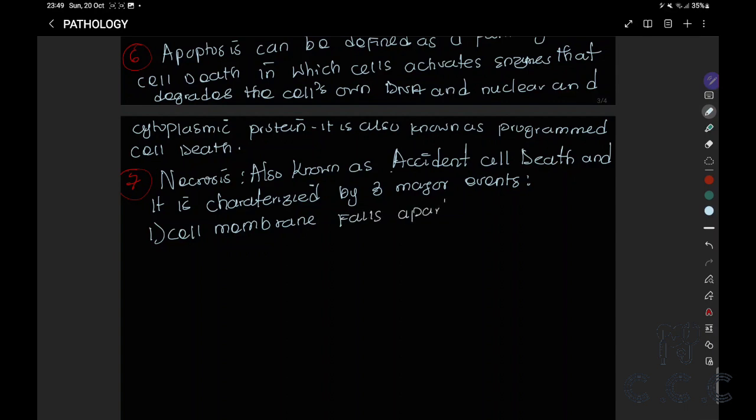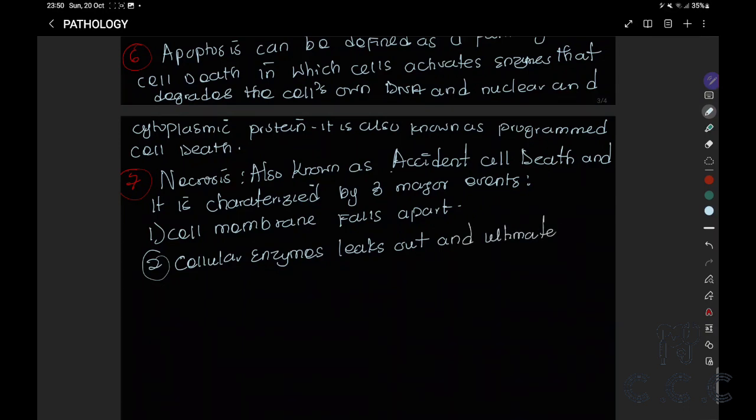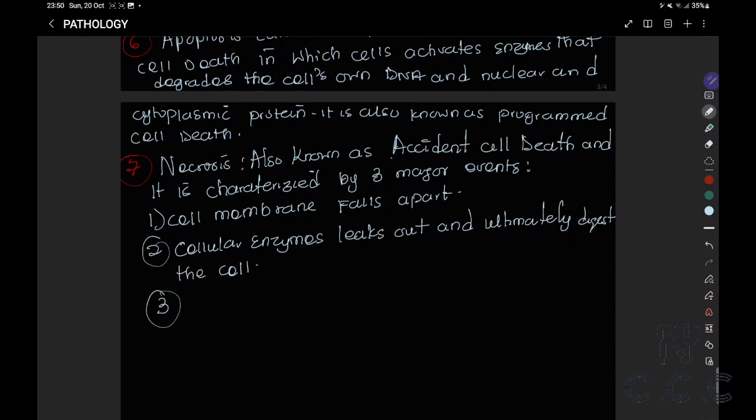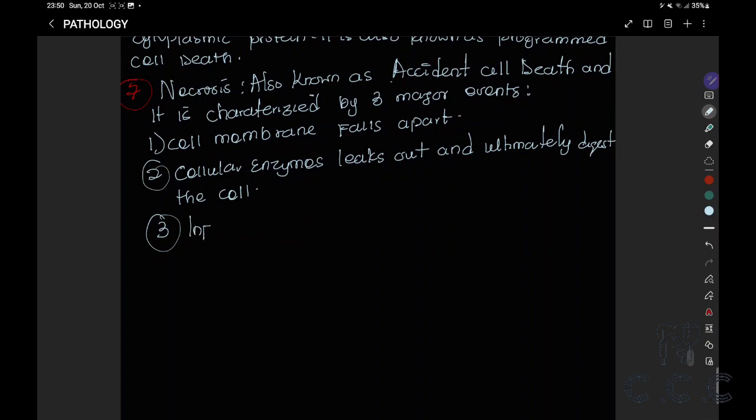The second is there is a leaking out of cellular enzymes, which ultimately digest the cells. And the hallmark of necrosis is the presence of inflammatory reaction.